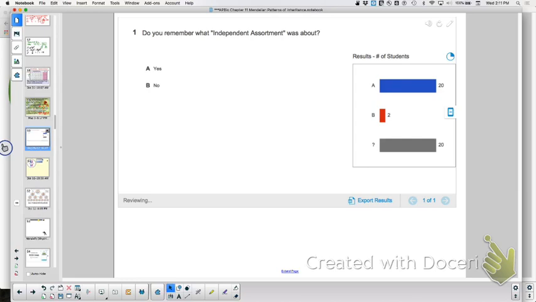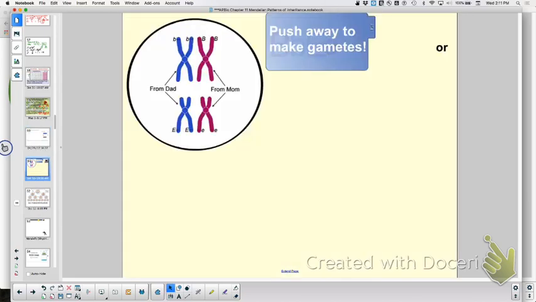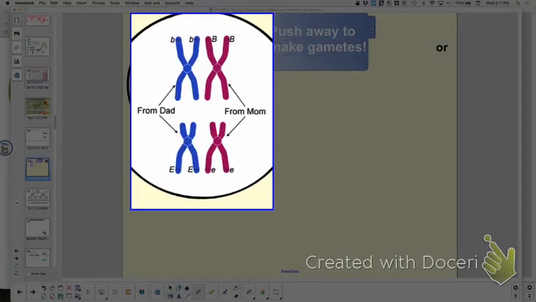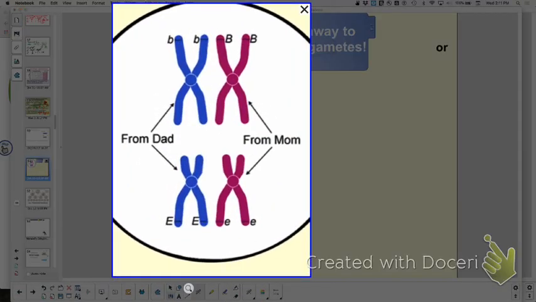Yeah. Okay. So now I'm just showing you two homologous pairs lining up. Homologous pair dealing with B's and homologous pair dealing with E's. Can you see those letters on there? Here, I'm making them slightly bigger for you if you cannot. Can you see those letters? Yes. What is this individual's genotype?